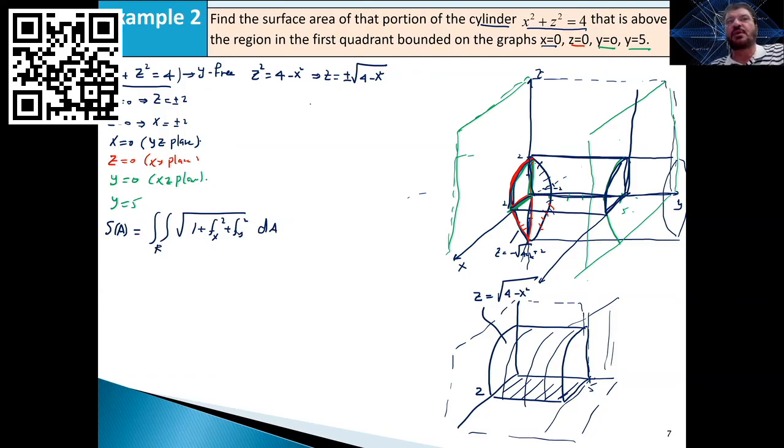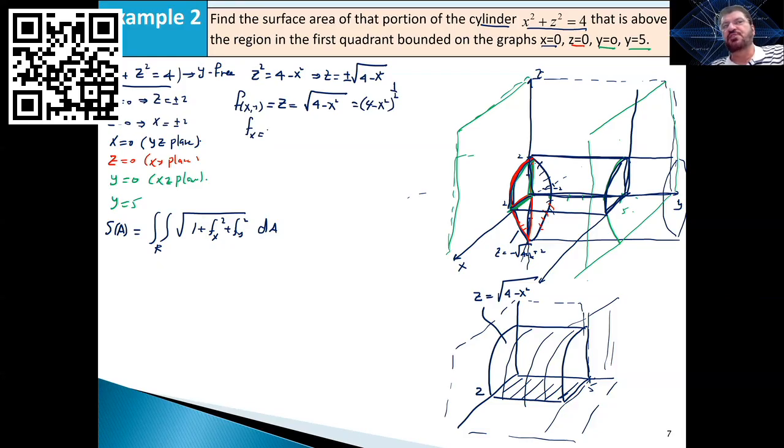All right. Now what's Z we said? Z here is equal to the square root of 4 minus x squared. That's Z. We're going to differentiate, and this is, of course, f of x, y. What's the derivative of this with respect to x, guys? You know, this can also be written as 4 minus x squared to the power half.